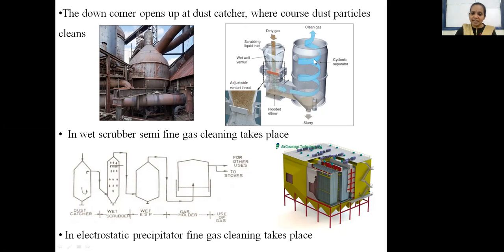When water is sprayed, the dust particles present in the gas are collected in the form of slurry, and semi-fine cleaning of the gas takes place. Next, the semi-fine cleaned gas moves to the ESP, electrostatic precipitator.